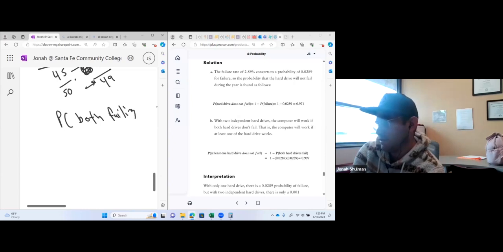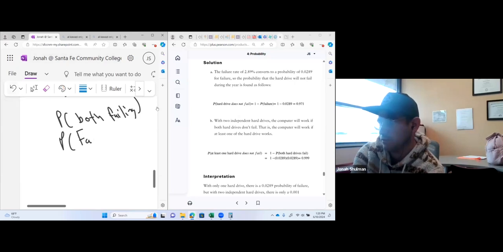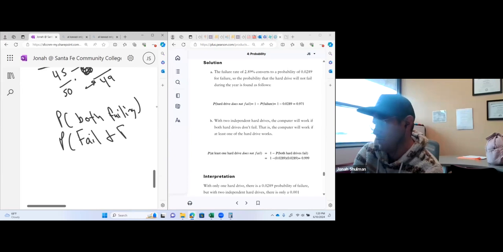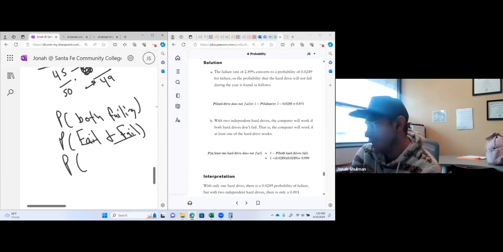Both failing means hard drive one fails. So we need the probability of the first one failing and the second one failing. This is why the probabilities get multiplied. It's one failing and the other one failing. So basically, to get them both failing, that's going to be 0.0289 times 0.0289.